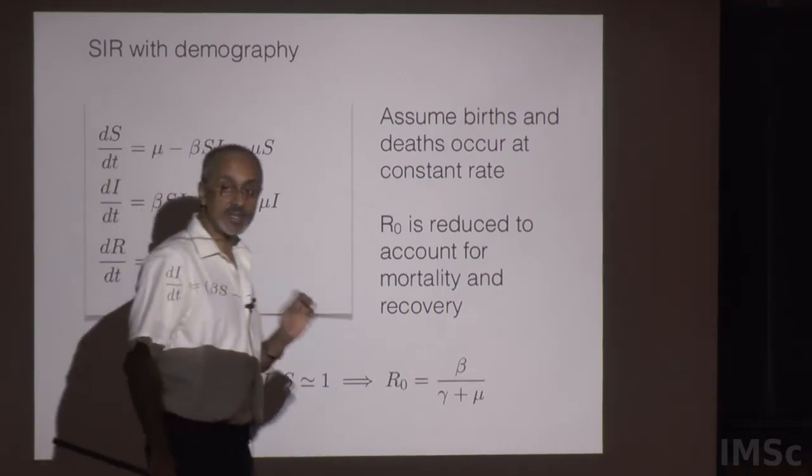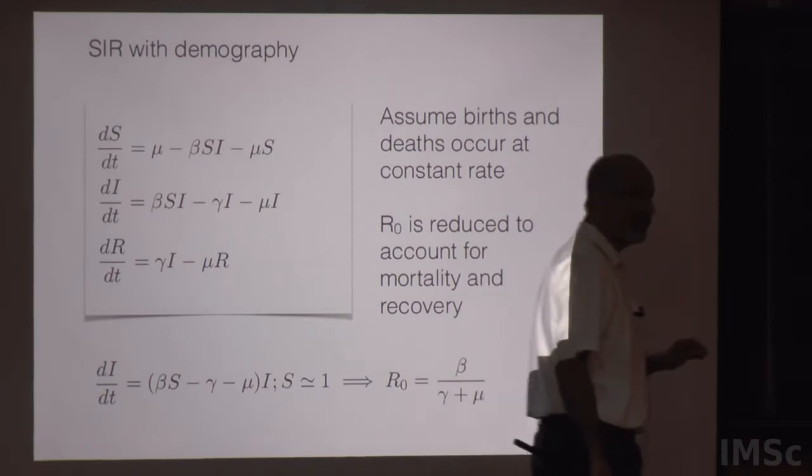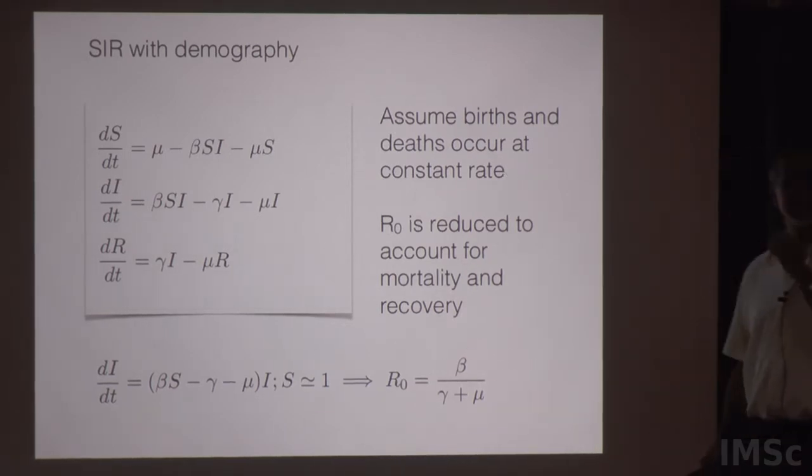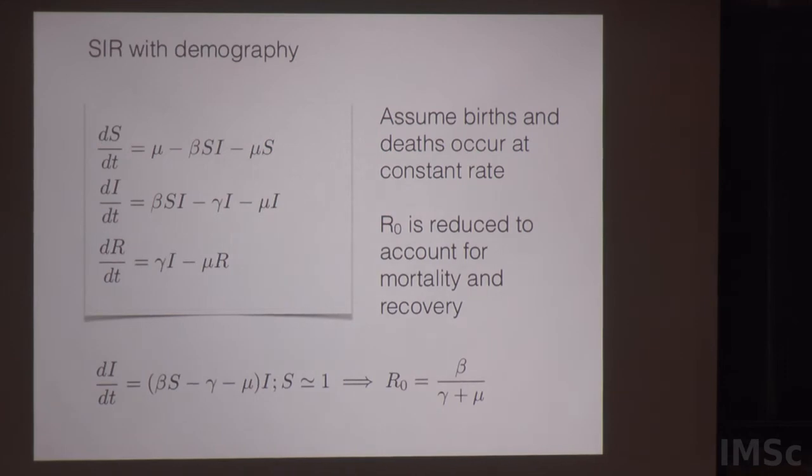So, this is a specific limit in which the number of people being born equals the number of people who are dying. And therefore, I can go back and use my old example saying that N is fixed, the total population size is fixed at any time, because as many people are being born as are dying. We will come to an example where we have to relax this approximation a little bit as we go on.